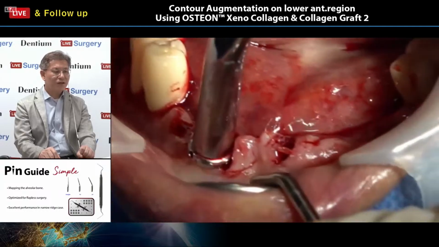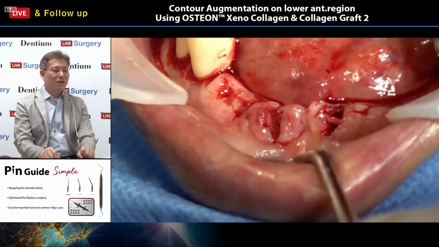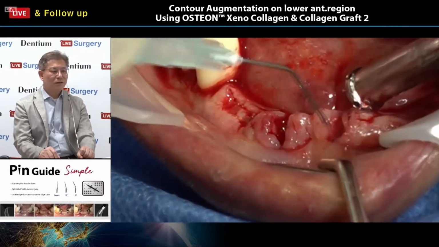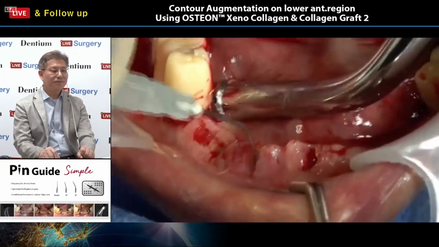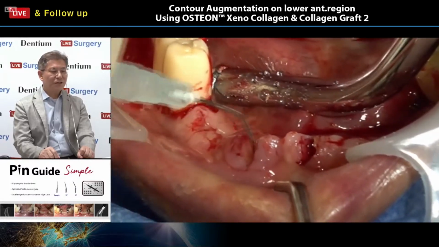Okay, the extraction was achieved. The root tip forceps, and saline irrigation.